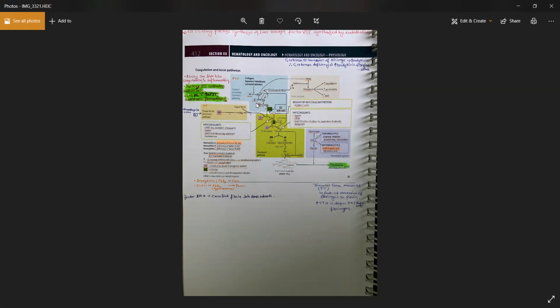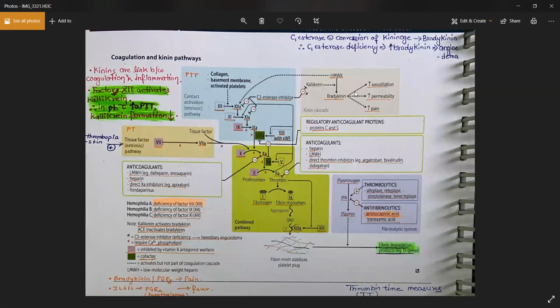Whenever you have an inhibition of this pathway, it will also inhibit the kinin cascade. So if you have a deficiency of the clotting factors in this pathway, it can also inhibit the kinin cascade. So in a patient who has a high level of APTT, which means a deficiency of these clotting factors, they can also have a decreased formation of kallikrein. Is that okay? That is how these two pathways are linked. All right, thank you.